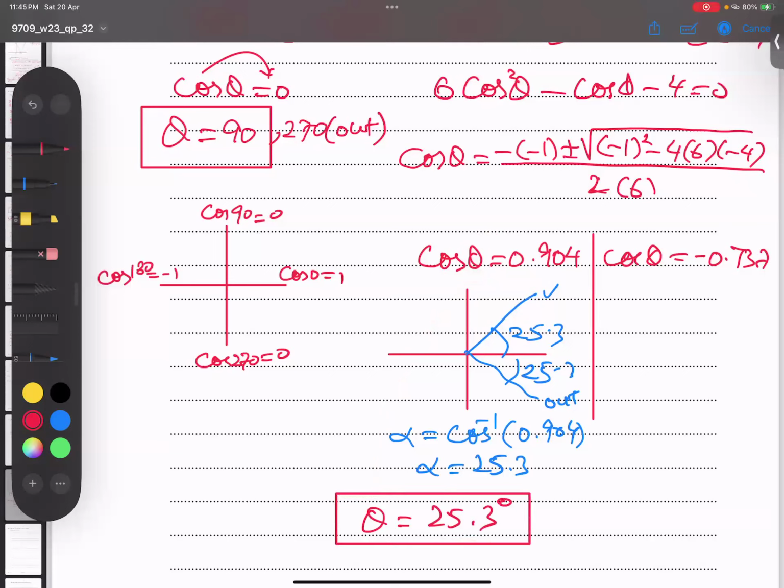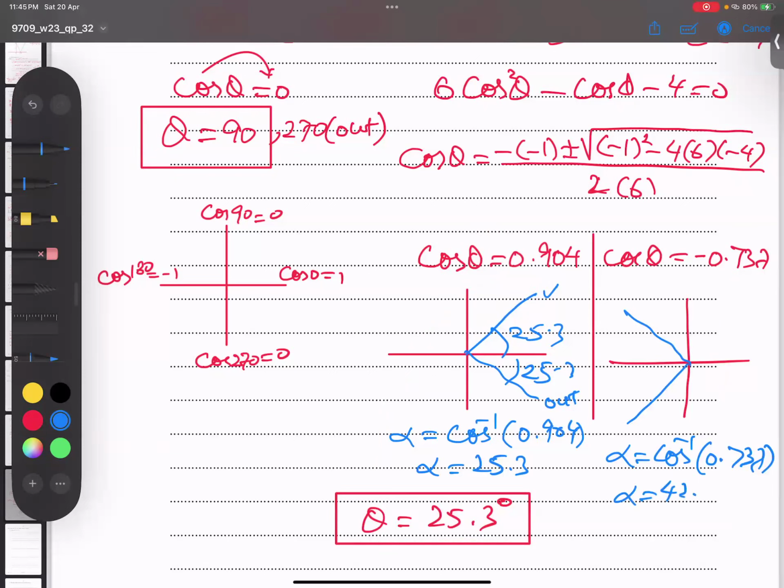Third answer. You know, students, cos is negative in the second and third quadrants. If I find the principal angle, cos inverse, please don't type the negative sign. When I type cos inverse 0.737 in the calculator, I get 42.5.